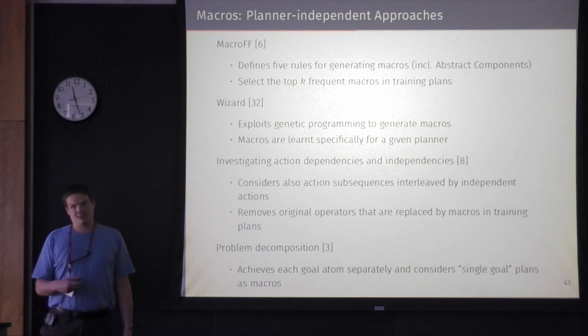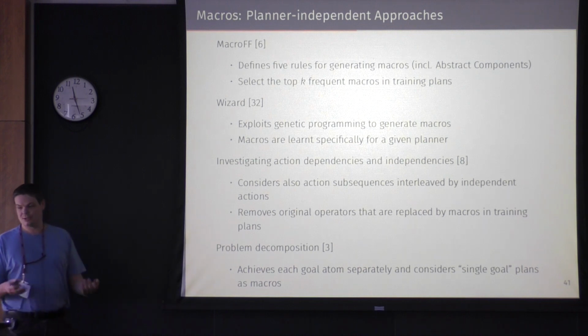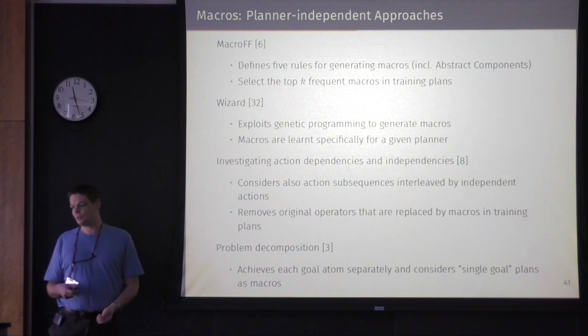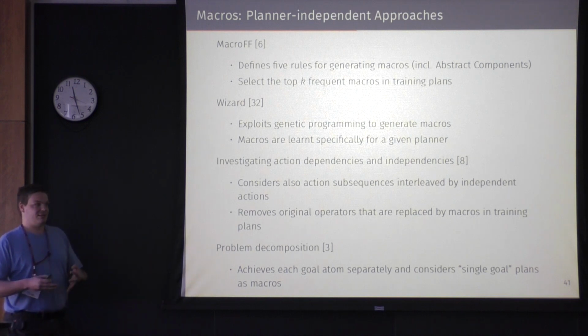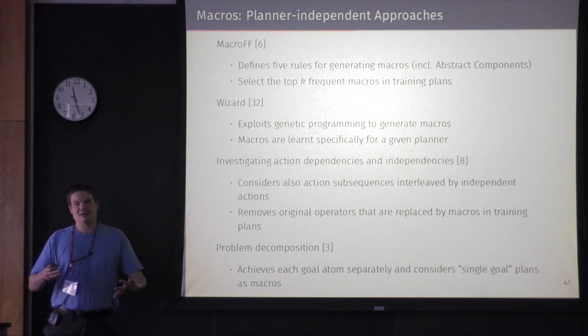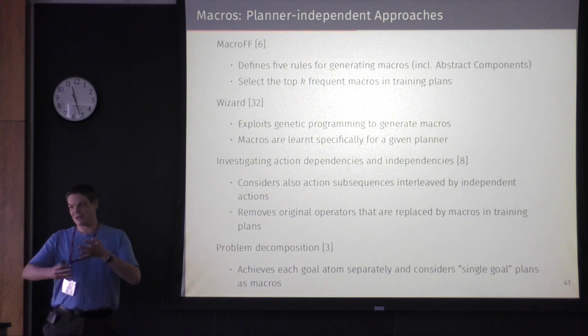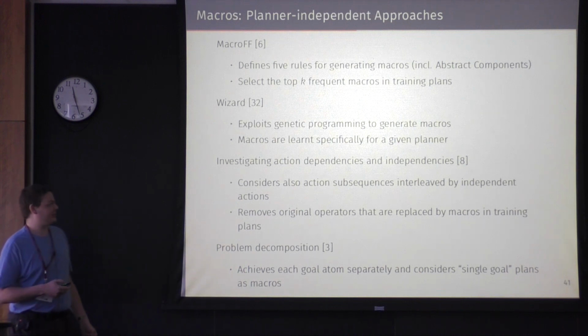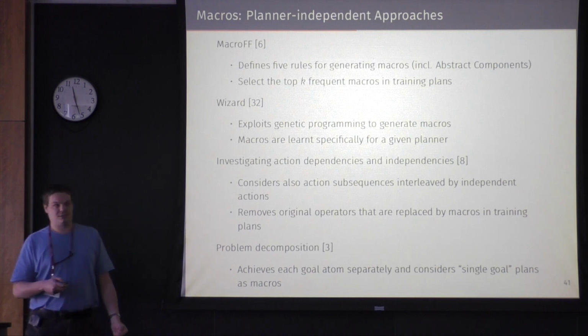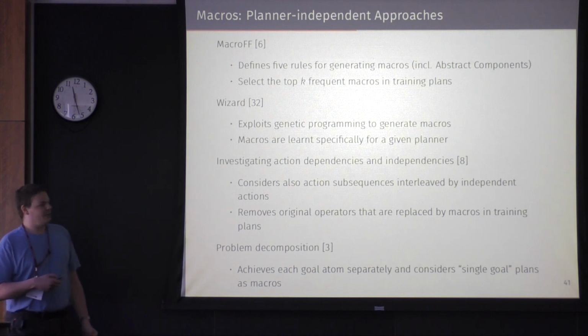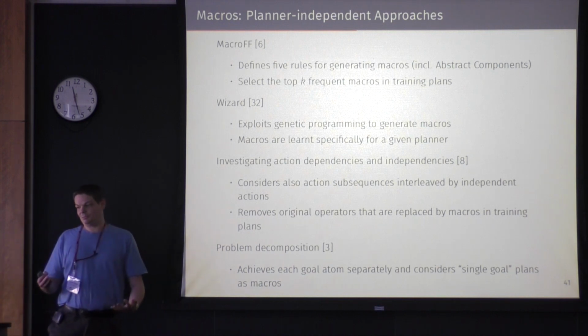Wizard exploits a genetic programming approach, which means that it tries a lot of possibilities to pick good macros from training plans, and then tests them on a given planner.